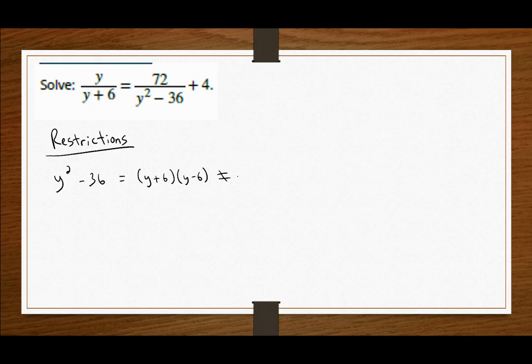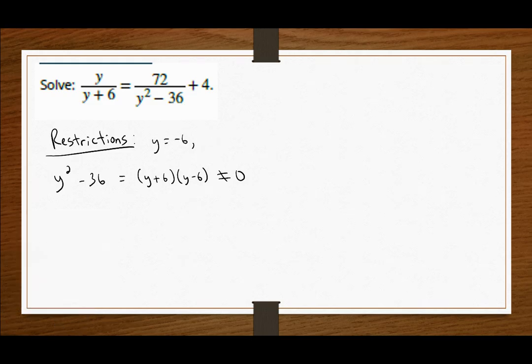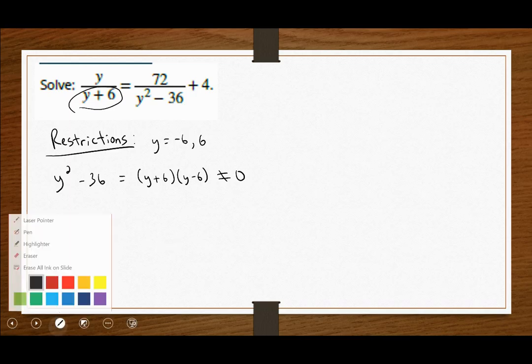So we do not want that to be equal to 0, which means our two restrictions are actually that y can't be negative or positive 6. So as long as we get anything but those two values, we're good to go. And notice that y plus 6 actually gets encapsulated in that restriction as well.